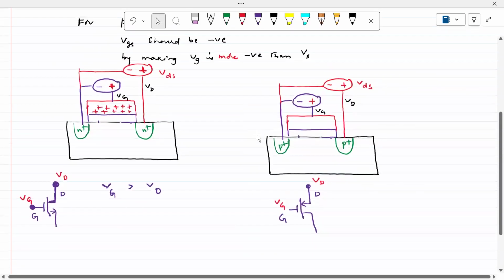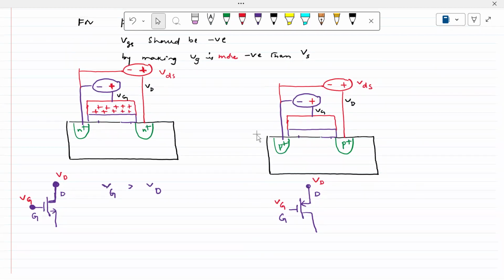But the question is how much bigger than this one? How much more positive is VG compared to VD? That's the question.